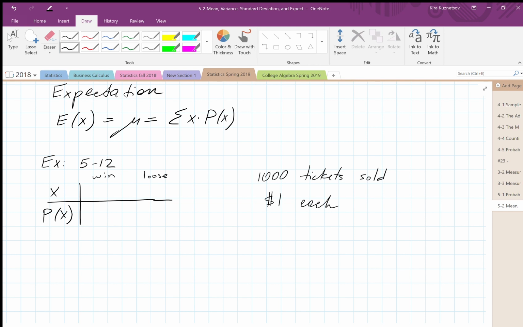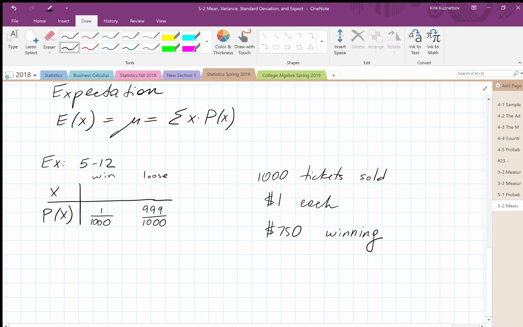And if there is one television set worth $750 winning, only one out of those 1,000 tickets has the winning ticket. So the probability of winning is one out of 1,000. The probability of losing is the other 999. So those are my probabilities.